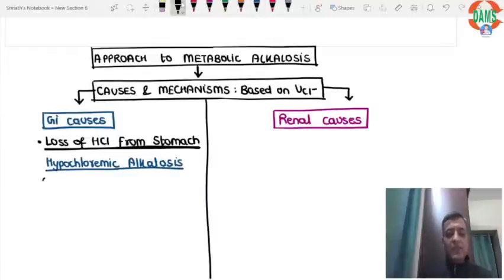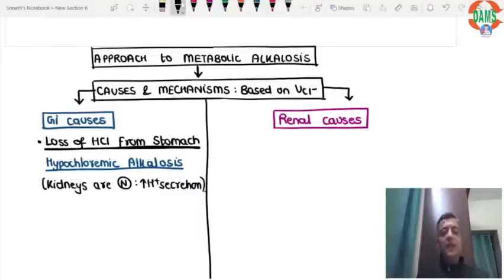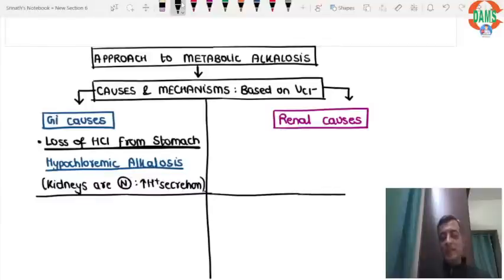But in these patients, since the kidneys are normal, what is going to happen? The kidneys will counter-regulate.